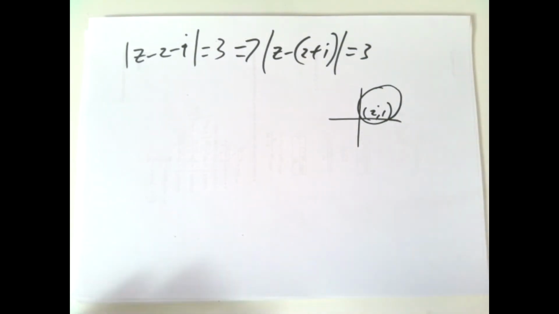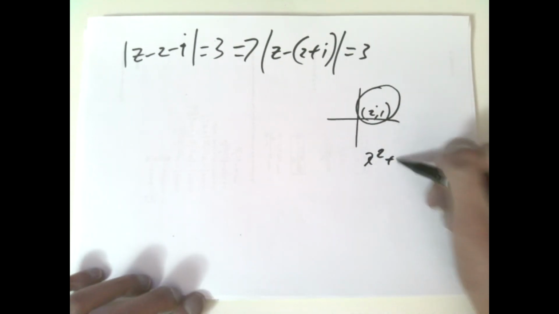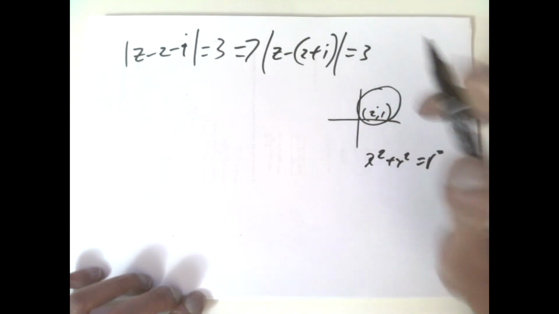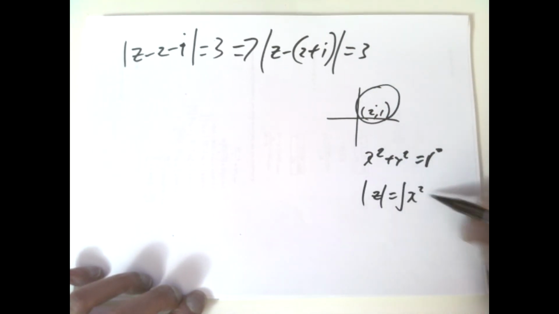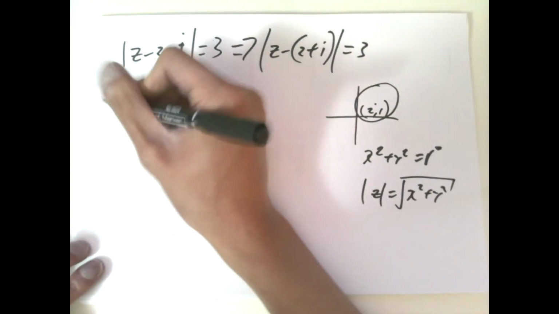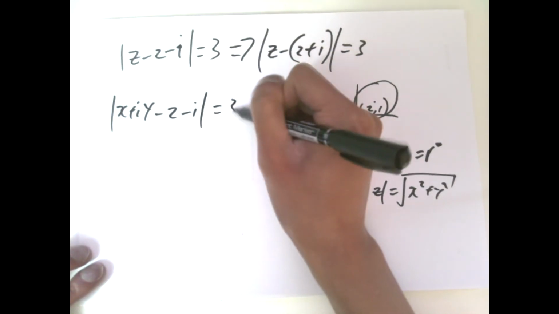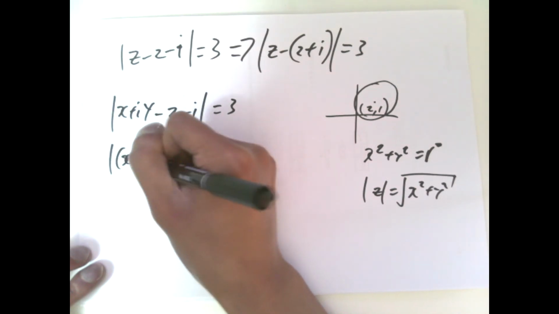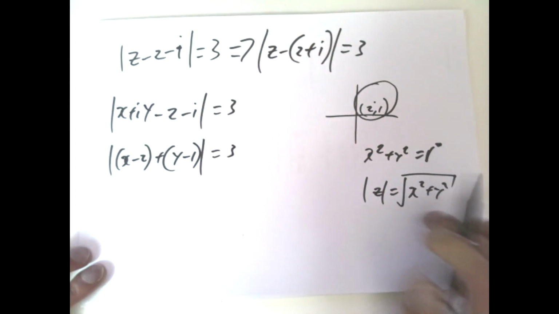Because we know that our circles are always x squared plus y squared equal to radius squared, we can indeed do the same thing here, and because z is always x plus iy, clumping all the real and imaginary together using this.